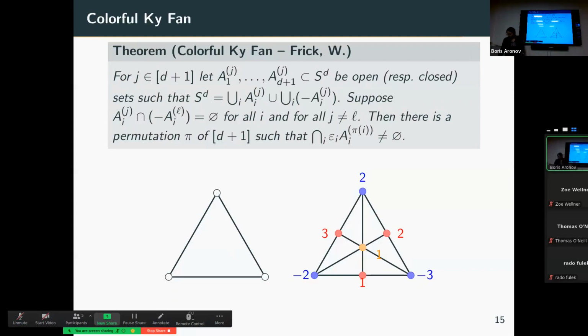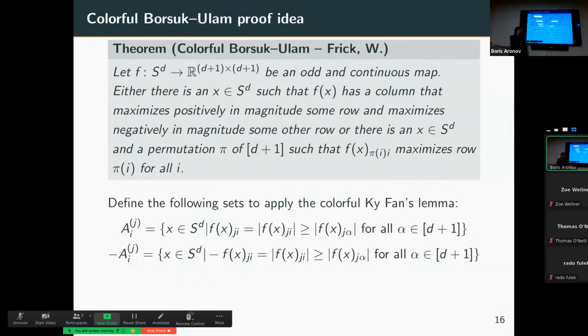And then using the set theorem, it's fairly easy to prove the Borsuk-Ulam statement, because you can just define each set to be where each coordinate is maximized. So the A_ij set is when the jth row is maximized by the ith column.